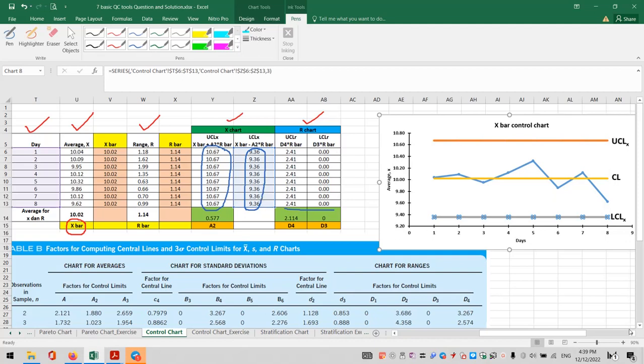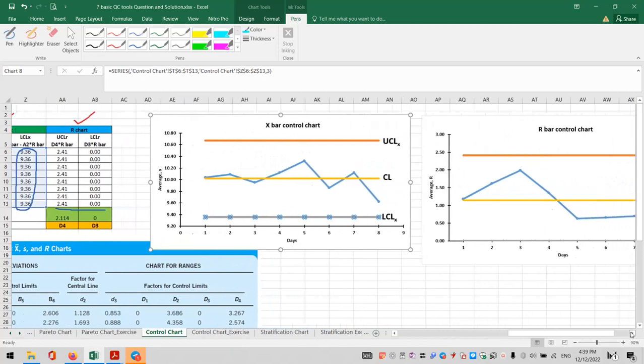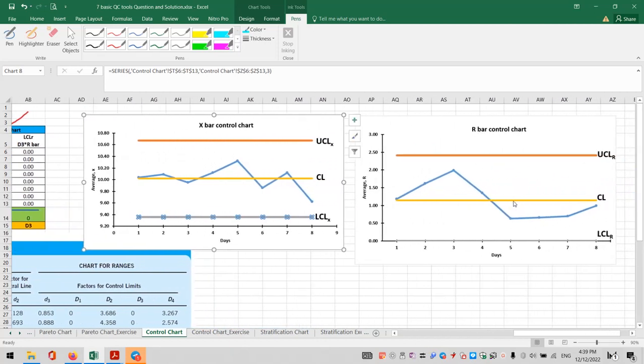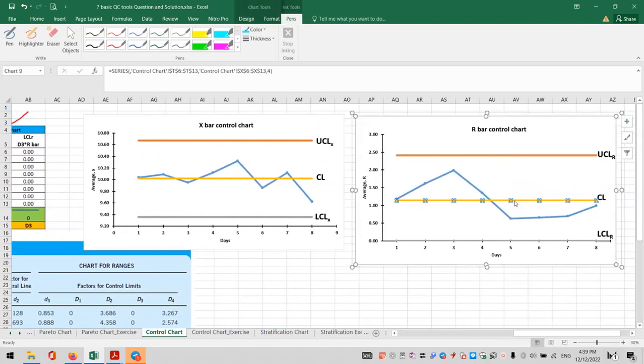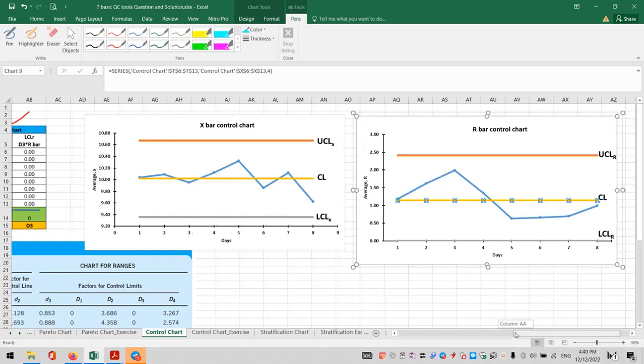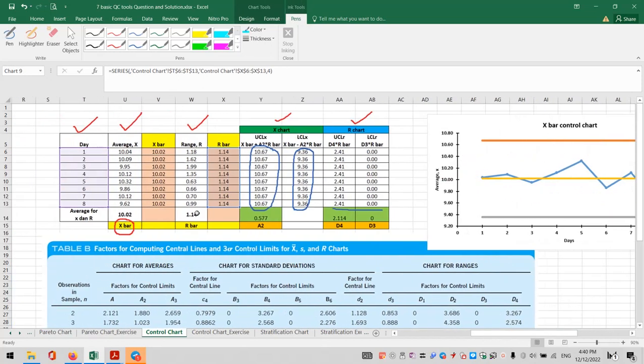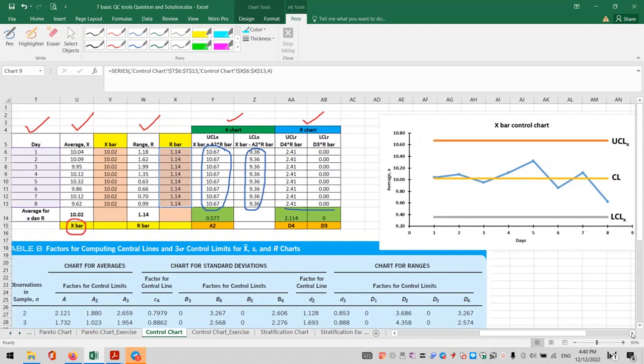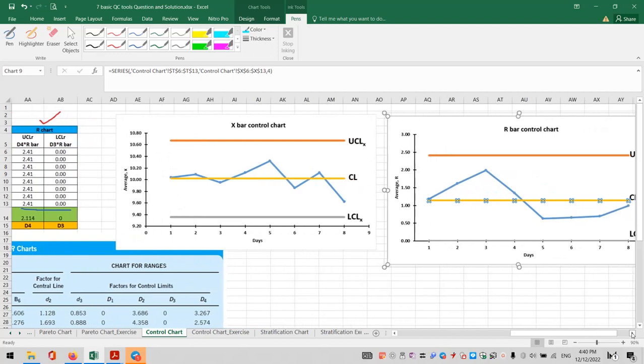Same goes for R bar. For the central line, the value is referring to the R bar.